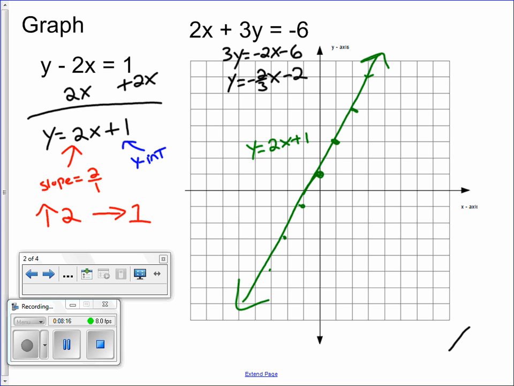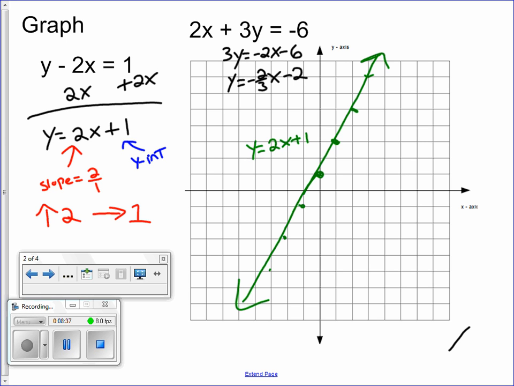Now, this is where you've got to be careful with the negative slope. I've got a fraction 2 over 3, and I've got a negative sign. Which one's negative, the top, the bottom, or both? The answer could be either the top or the bottom, but just don't make both of them negative.